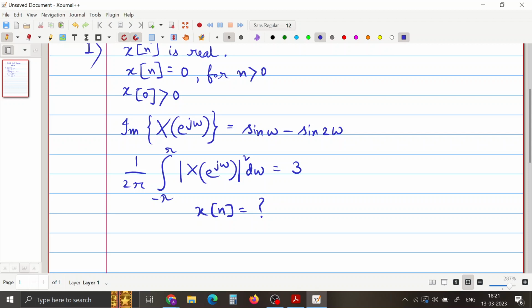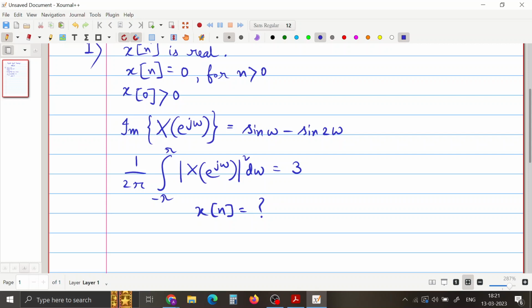And by Parseval's theorem, we know that the energy in the time domain is equal to the energy in the frequency domain. So this essentially is the energy in the time domain sequence, summation n running from minus infinity to infinity of mod square of x of n. That's the energy of the time domain sequence, which is the same as this quantity, which is 3.